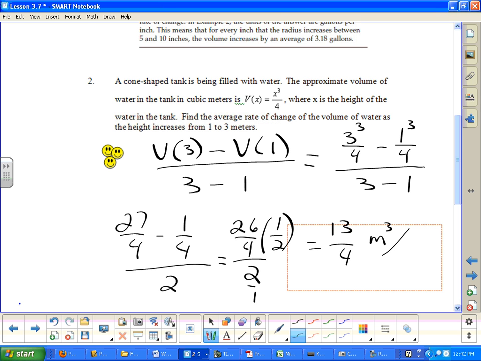So it's a different form, but it's 13 over 4 cubic meters per meter. So the cubic meters is changing for every meter. It's like 3.25 cubic meters per meter. So as the height increases by a meter, the volume is getting that much more.